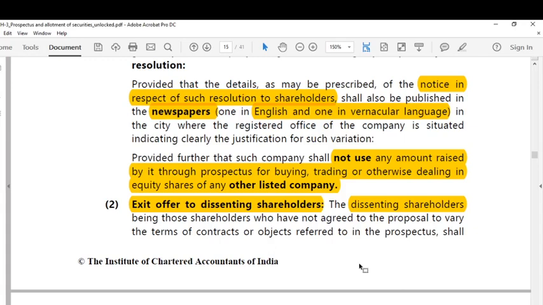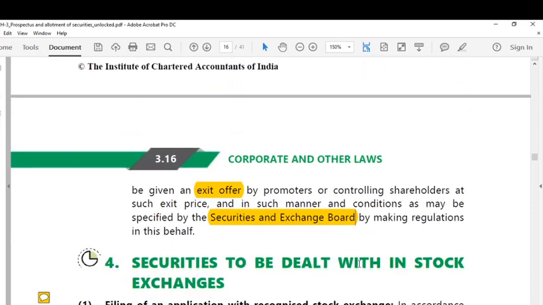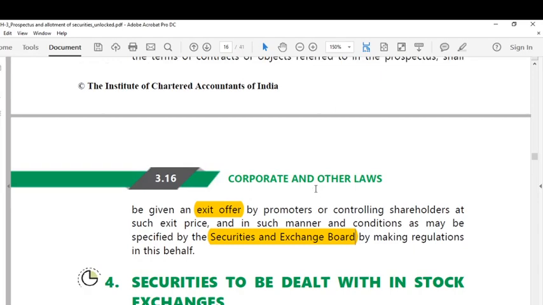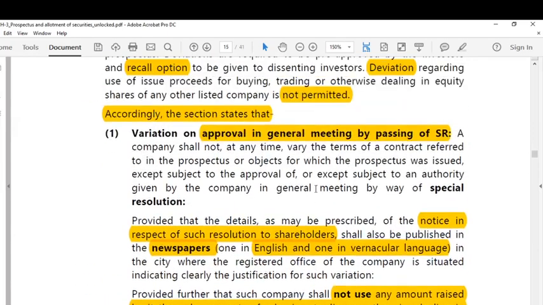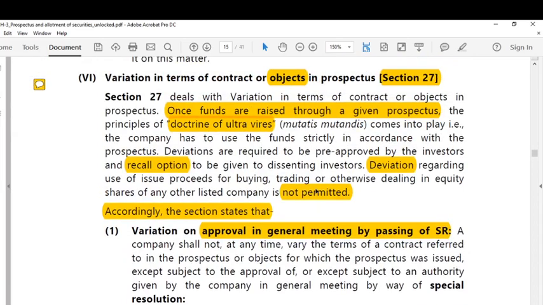That has to be complied with in an orderly manner as per the guidelines and regulations prescribed by the Securities Exchange Board of India. So this is another important and simple topic, and students are likely to get a question on this topic, and hence you have to pay required attention to this topic.